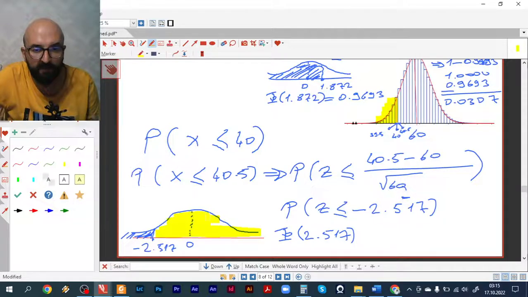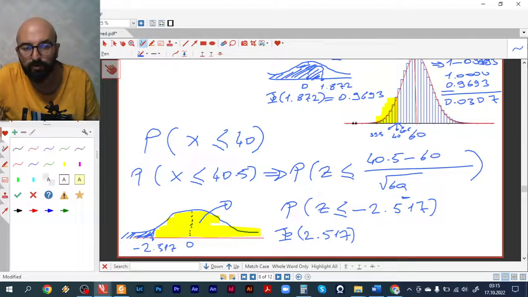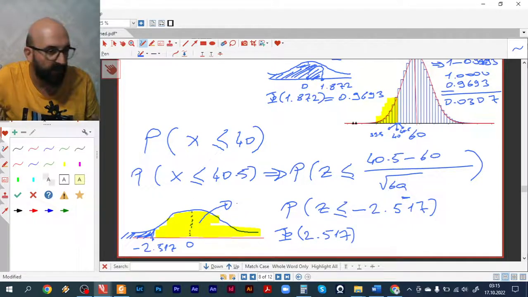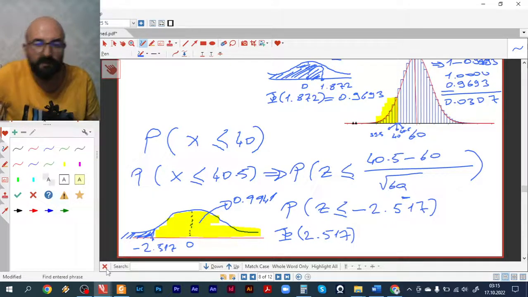When you look at the z table and find 2.517, the big area value is 0.9941.